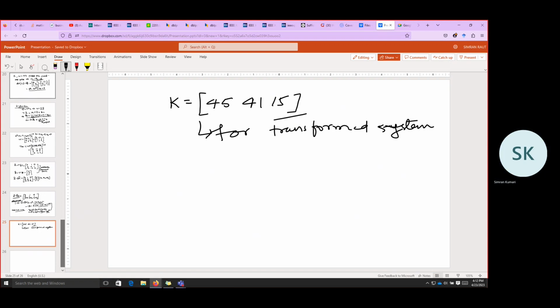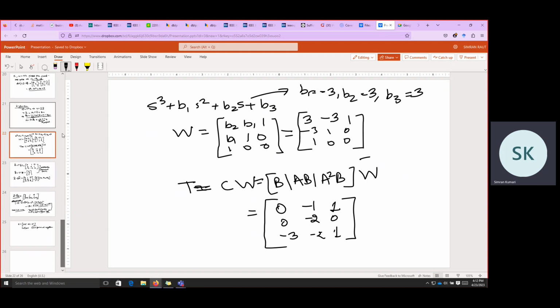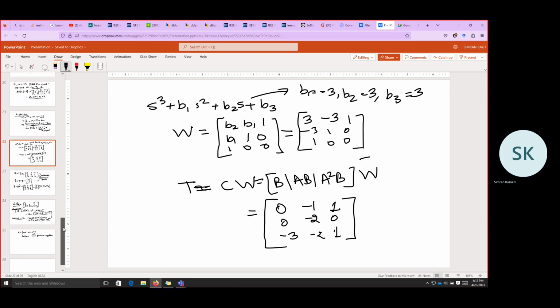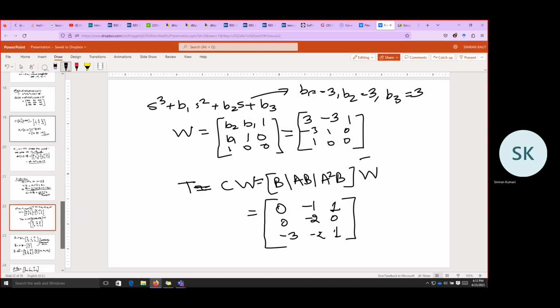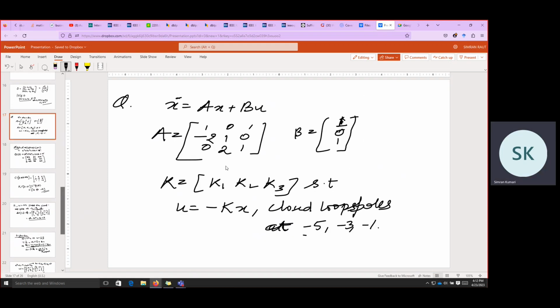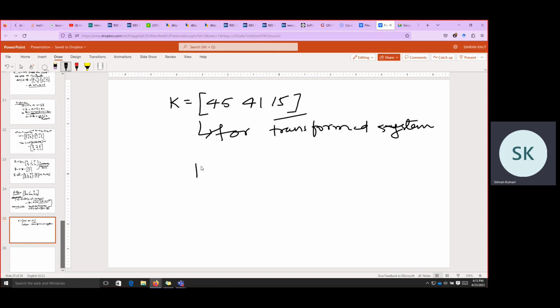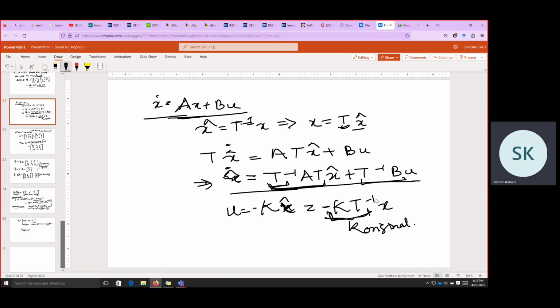For the given system, which is not in its controllable canonical form, which is this one, we need to find the k, and this original k should be k t inverse.